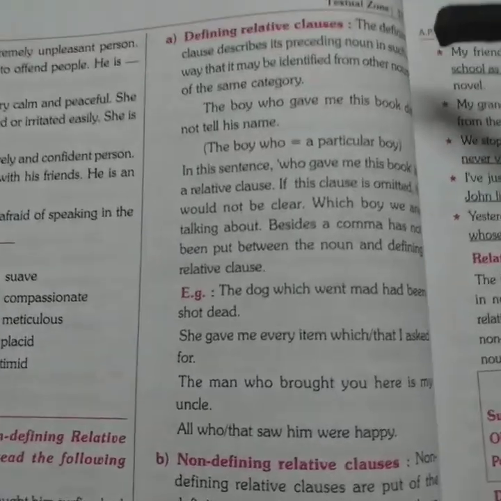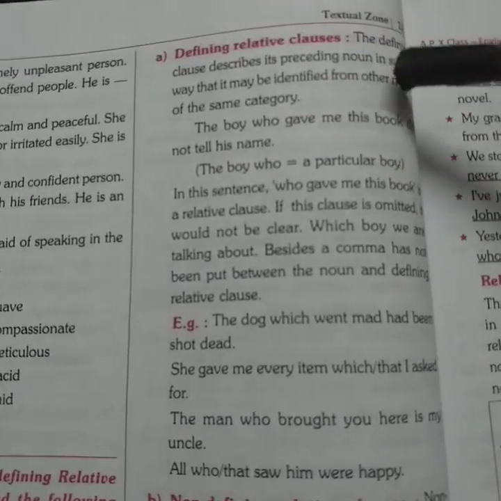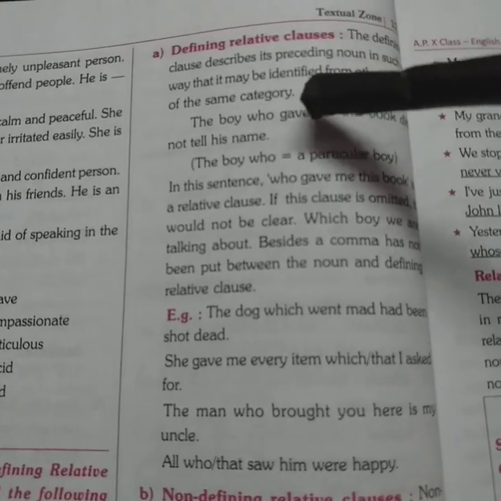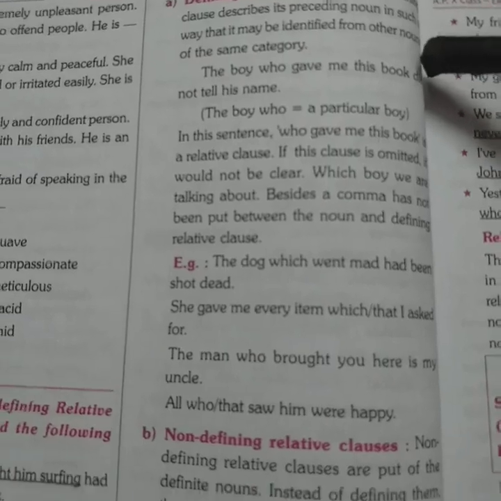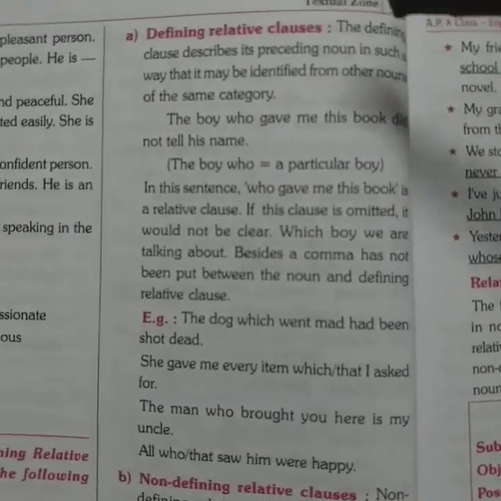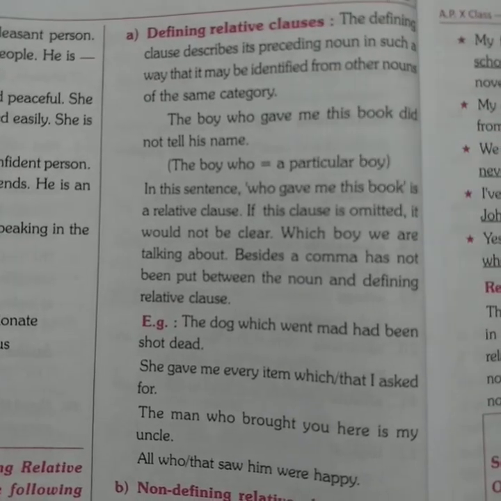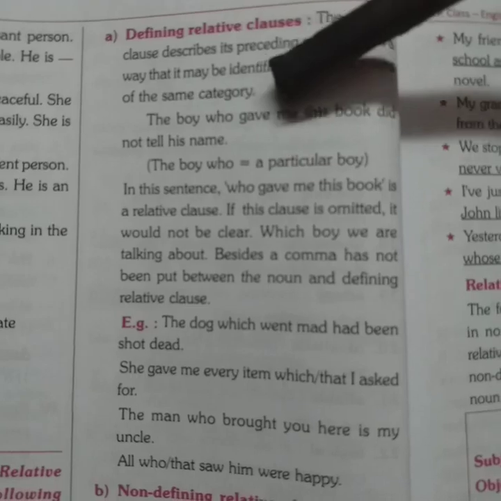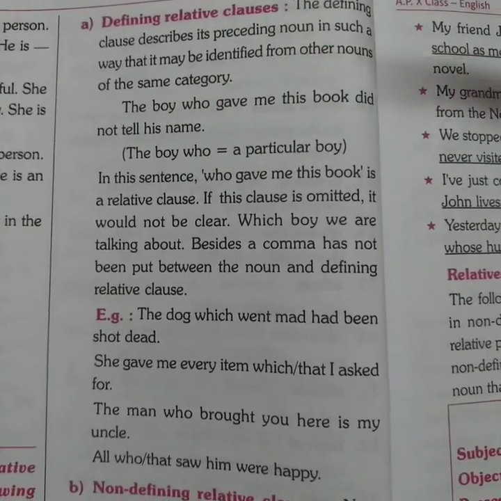Here you see, what is a defining relative clause? It is preceding a noun in such a way that it may be identified from other nouns of the same category. Difficult term to understand. Once again, let us go with the example to clarify the definition. The boy who gave me this book did not tell his name.